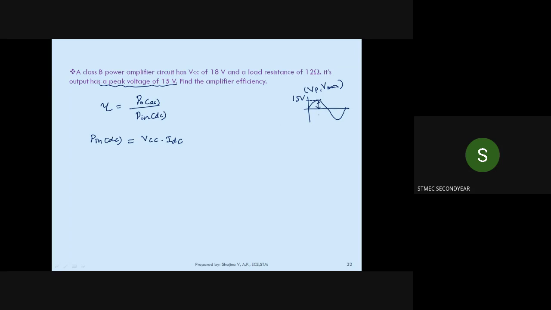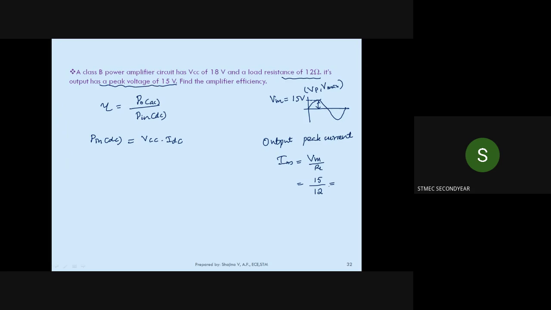From this value, you have to first find output peak current, as output peak voltage is 15 volt. So what will be output peak current? Output peak current, I can write it as Im. We have Vm is equal to 15 volt. Im is equal to Vm divided by RL. That is output maximum voltage divided by this output load resistance 12 ohm. Okay, so this is Vm divided by RL. Vm means 15 volt divided by RL means 12 ohm.